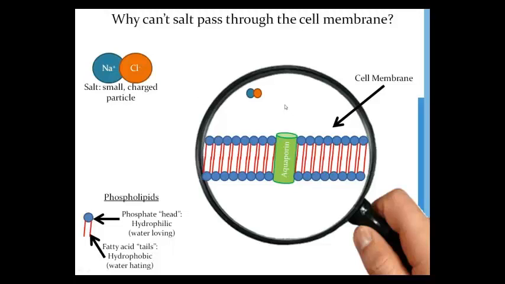And if my salt tries to get into this cell membrane, it's going to be repelled by those fatty acid tails. So the hydrophobic parts of the cell repel charged particles, such as salt. So salt can't pass through the membrane because it's a charged particle.